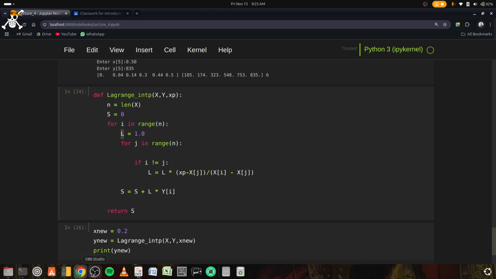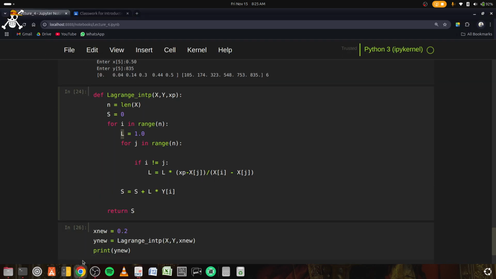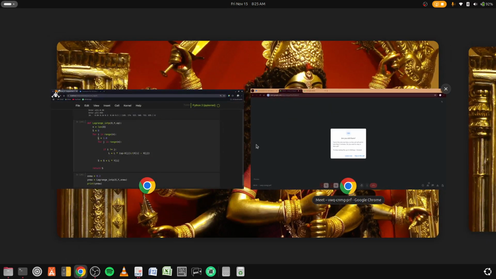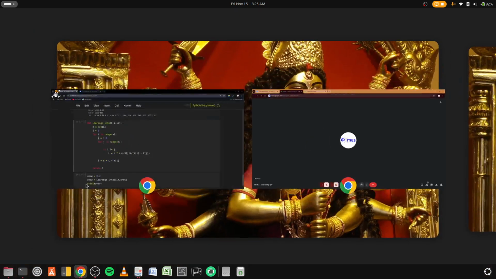That means initially the value of this Lagrange polynomial is 1. Then as we go further, as we do the product and as we do the sum, we will update the values of s and L.